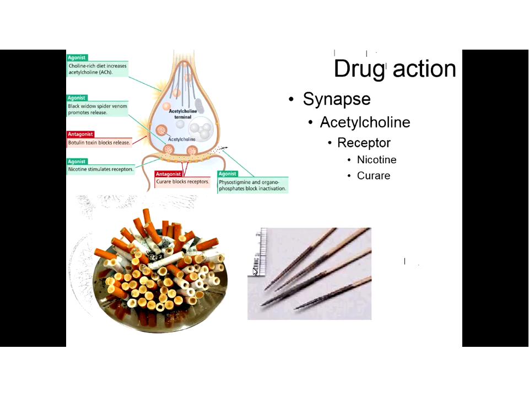channel. Now, in the peripheral nervous system, that may involve increased muscle tone, but in the central nervous system, that means you're going to change the communication or enhance the neurotransmission in the central nervous system. So smoking, there's nicotine in there, and that's going to enhance communication in the cholinergic, acetylcholine-based neurotransmission.